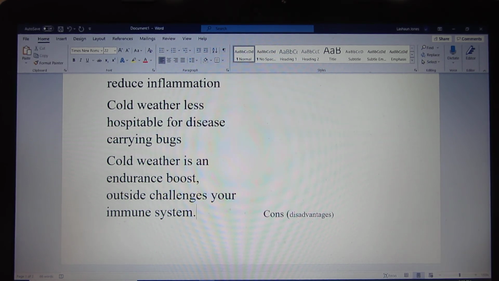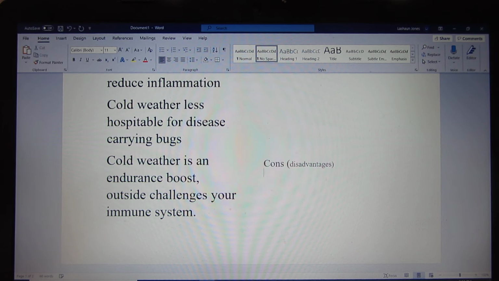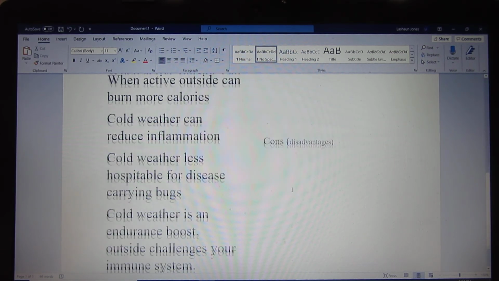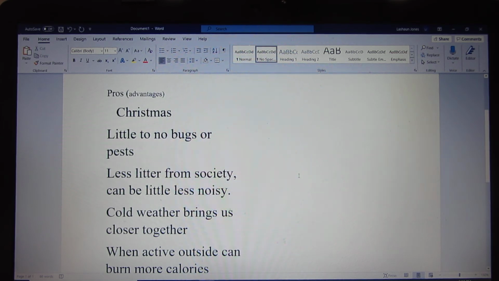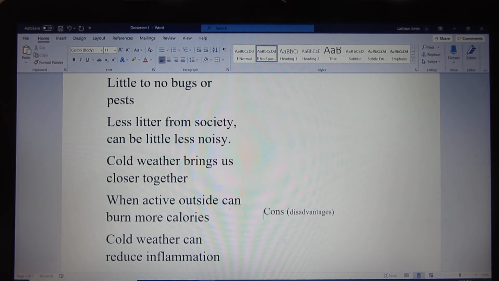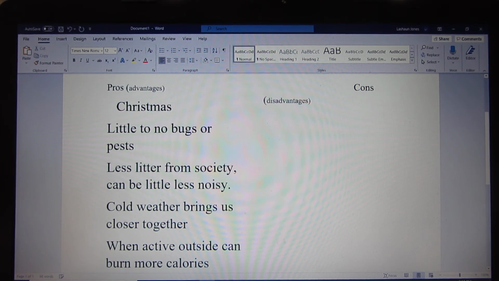Okay. So I think we get enough to write a solid paragraph. What I want to do now is start looking at the cons list because I'm already at 12 minutes. So I want to start the cons list. Look at some of the disadvantages. Uh-oh. Let's take that back.